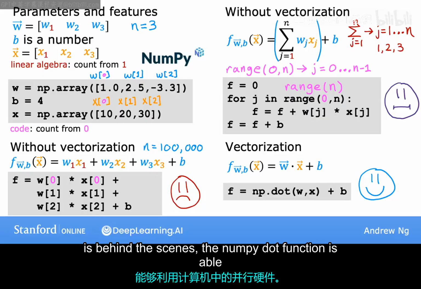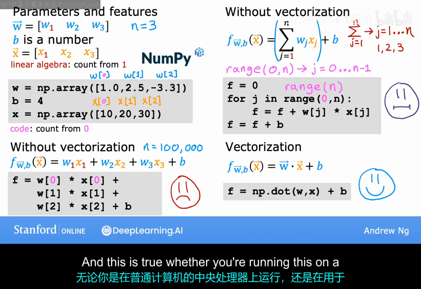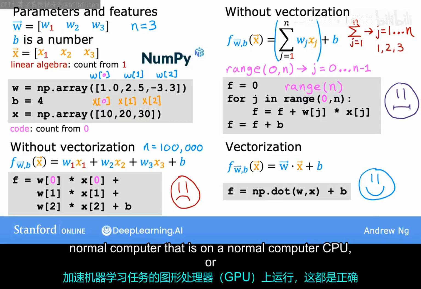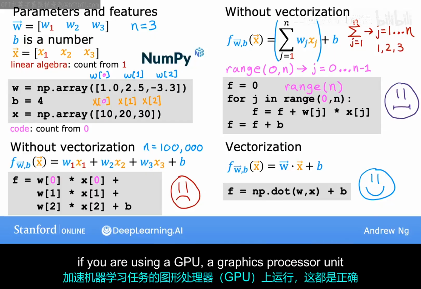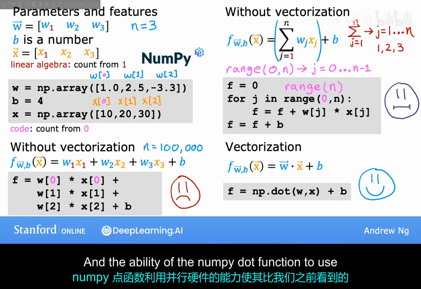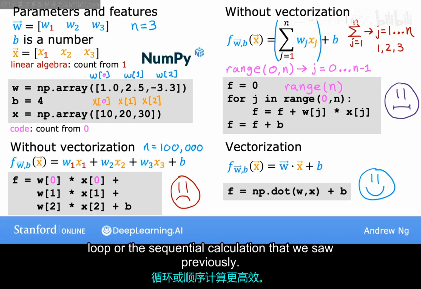The NumPy dot function is able to use parallel hardware in your computer. And this is true whether you're running this on a normal computer, that is on a normal computer CPU, or if you are using a GPU, a graphics processor unit that's often used to accelerate machine learning jobs. And the ability of the NumPy dot function to use parallel hardware makes it much more efficient than the for loop or the sequential calculation that we saw previously.